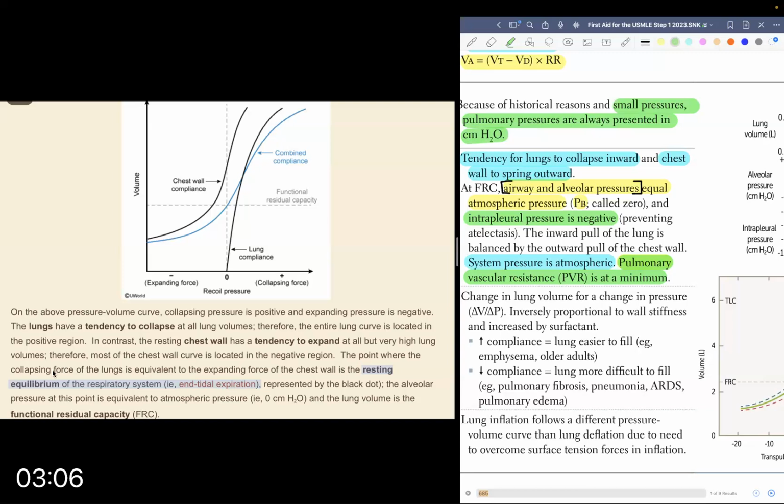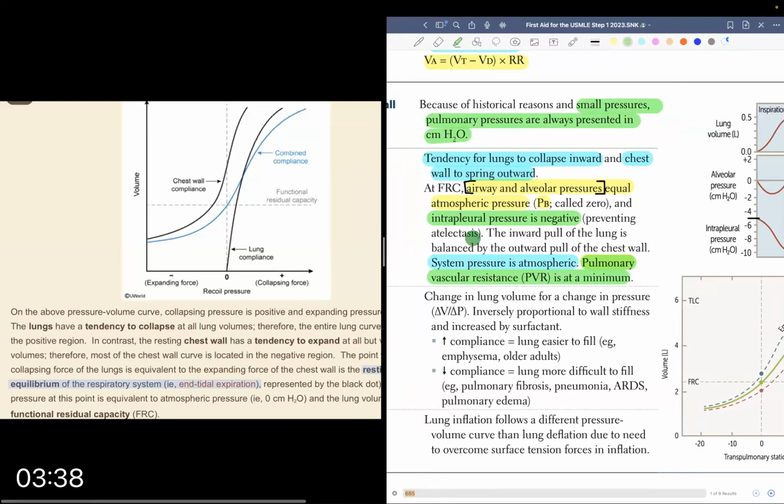The point where the collapsing force of the lung is equivalent to the expanding force of the chest wall is known as the resting equilibrium point of the respiratory system. And that is the end of tidal expiration, represented by the black dot. I think it's this one. So the alveolar pressure at this point is equal to the atmospheric pressure, which is 0 centimeters of water. And the lung volume available in the lungs at that point is the functional residual capacity.